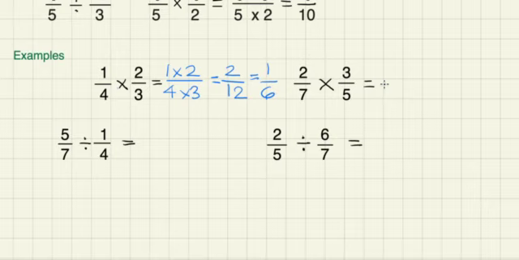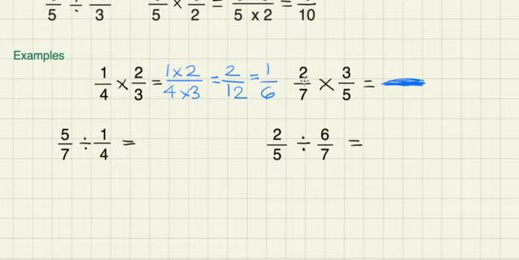Hopefully you've got this right. The first thing to do is to draw the dividing line. Well, anyway, imagine that's a straight line.